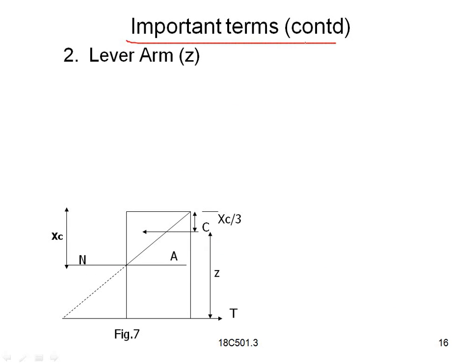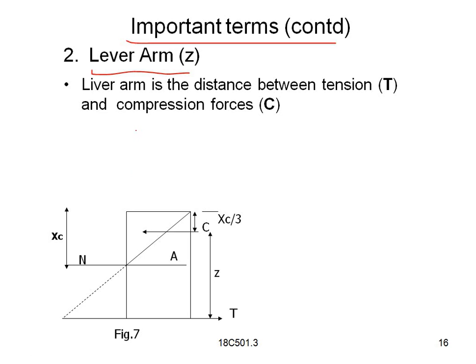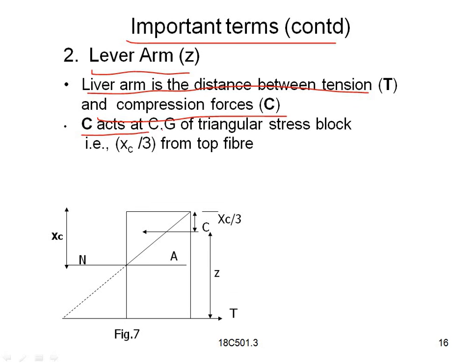Next important term is the lever arm. The symbol is Z. So what is lever arm? Lever arm is the distance between the tension and compression forces. In the diagram, C acts at the center of gravity of the triangular stress block, which is XC by 3 from the top fiber.